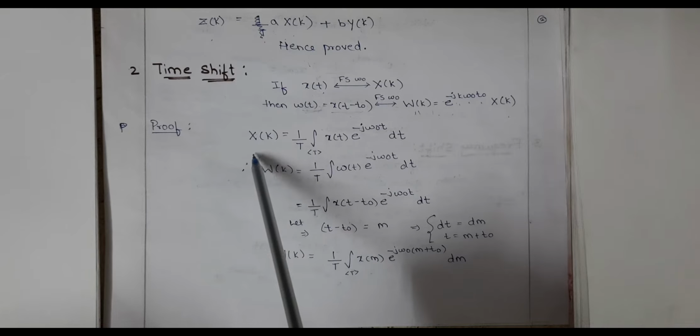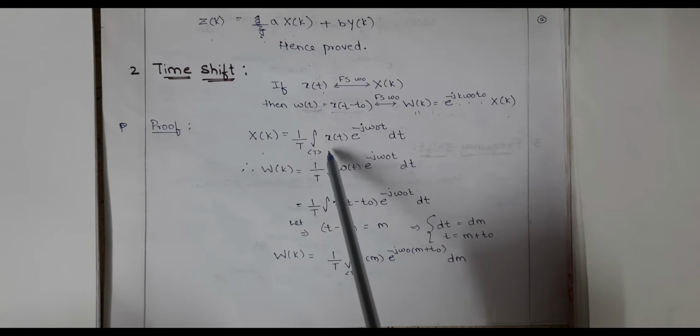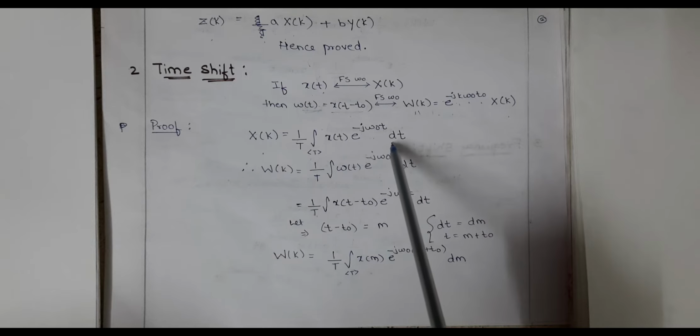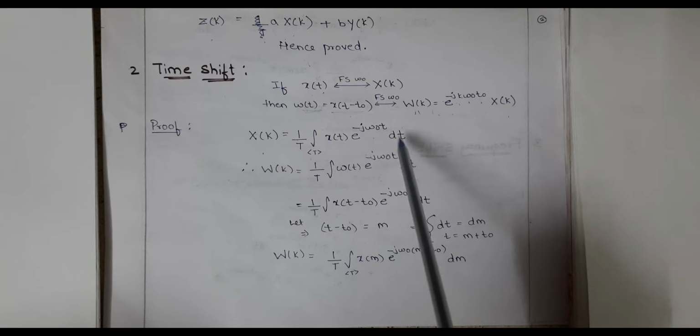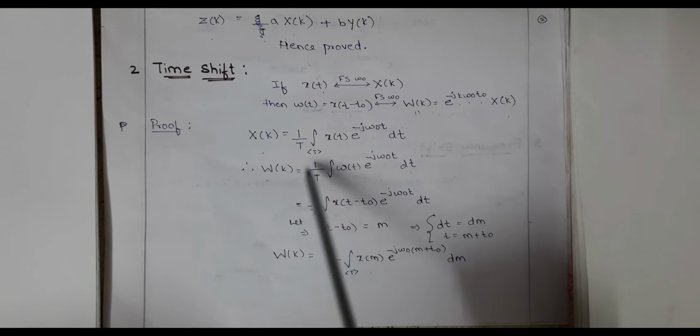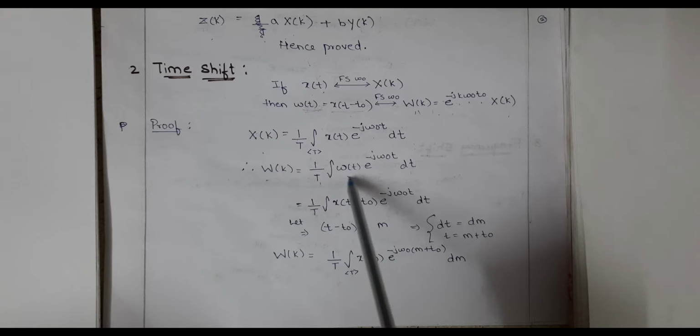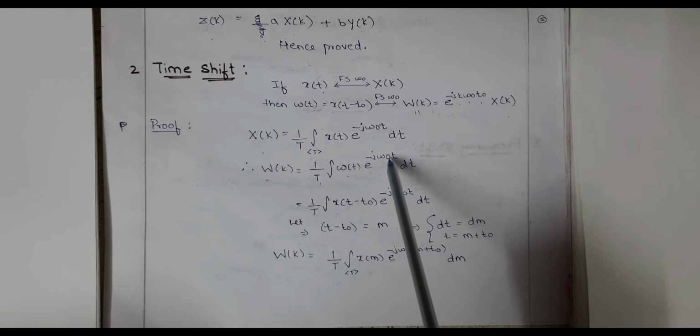So we know the formula. X[k] is 1 by T integration x(t) e^(-j k omega naught t) dt. So W[k] is equal to 1 by T integration w(t) e^(-j k omega naught t) dt.